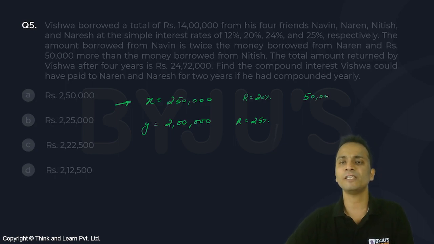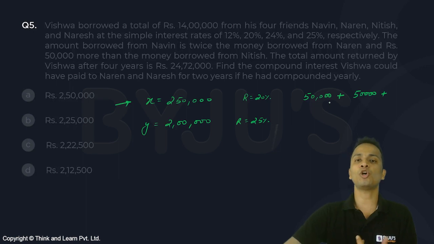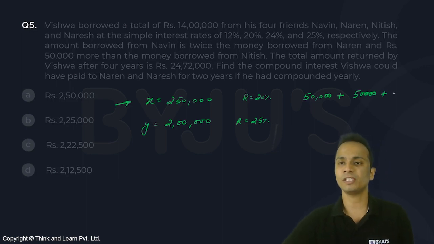That is 50,000. Then the interest of the second year will be the interest of the first year copied, that is 50,000, plus 20% of the interest of the first year, that is 20% of 50,000, which is 10,000. So the total interest will be 1,10,000.